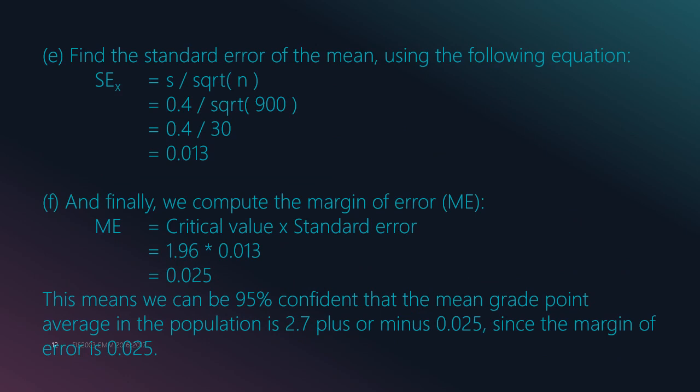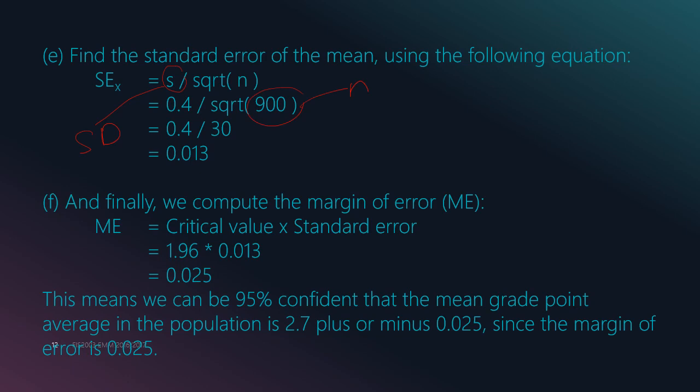The standard error sama dengan s. S ni apa dia tadi? S ni adalah standard deviation yang diberi tadi. 0.4 bagi square root of 900. 900 ni adalah n, bilangan pelajar yang asal.